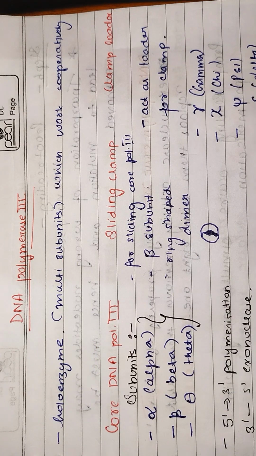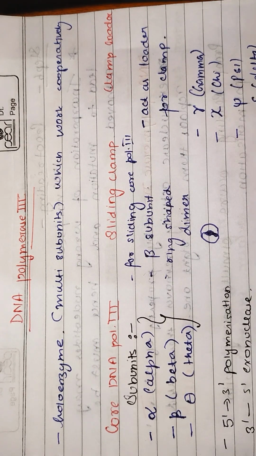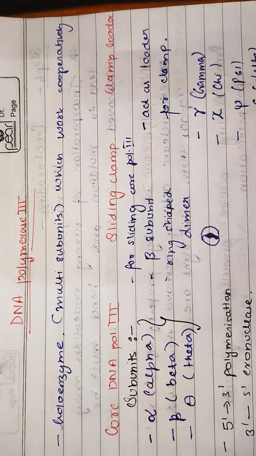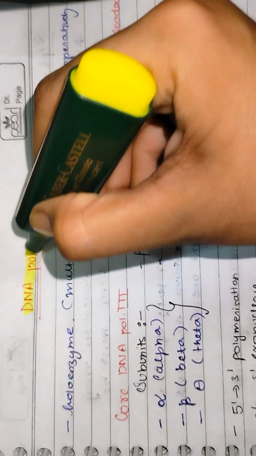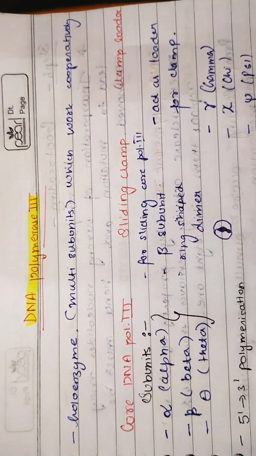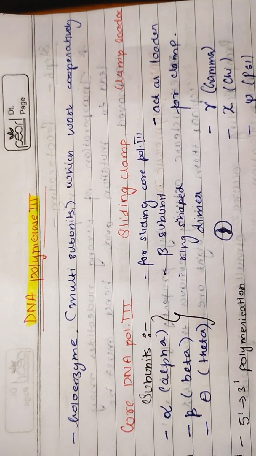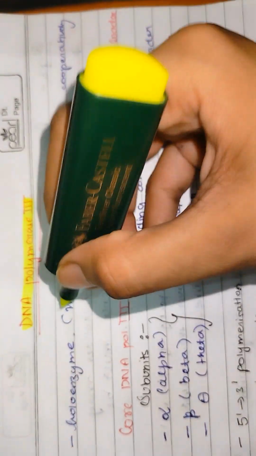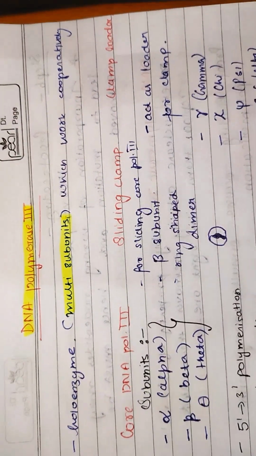Now the DNA polymerase which is involved in the polymerization process in the formation of the DNA strand, the main DNA polymerase, is DNA polymerase 3. This DNA polymerase 3 is a holoenzyme, that is, it has multiple subunits that work cooperatively. What are these subunits?